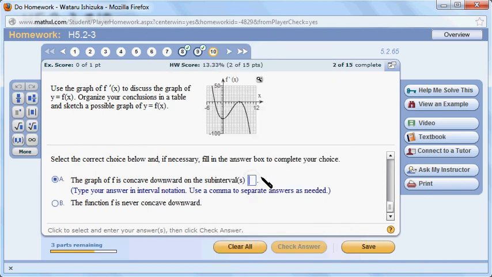It's going to be negative infinity to 0. And starting from, I think it was 6 to positive infinity. All right, so let's check that.